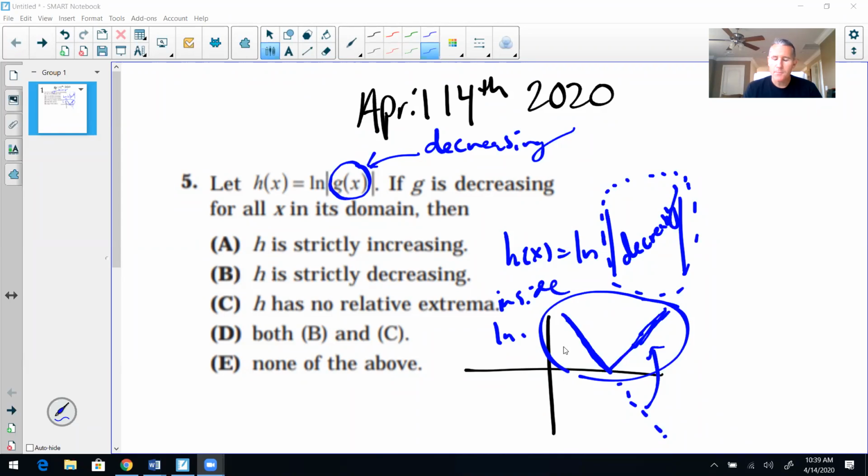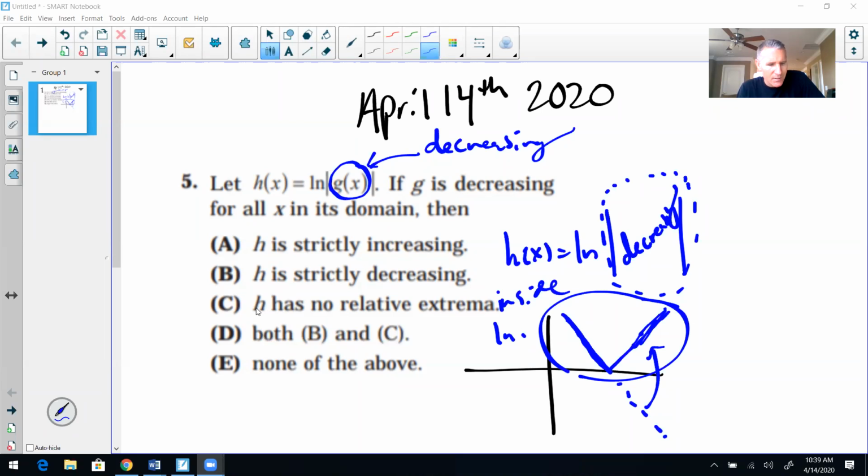Well, no, because as g decreases and it's getting further and further down over here, I would see that this is getting greater and greater, and so the natural log of the absolute value of that part would be increasing. So h is not strictly decreasing. So we know that both B and D are not correct either.